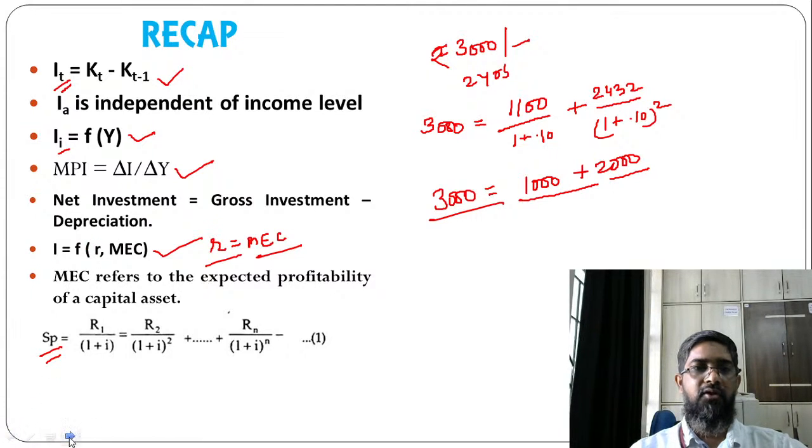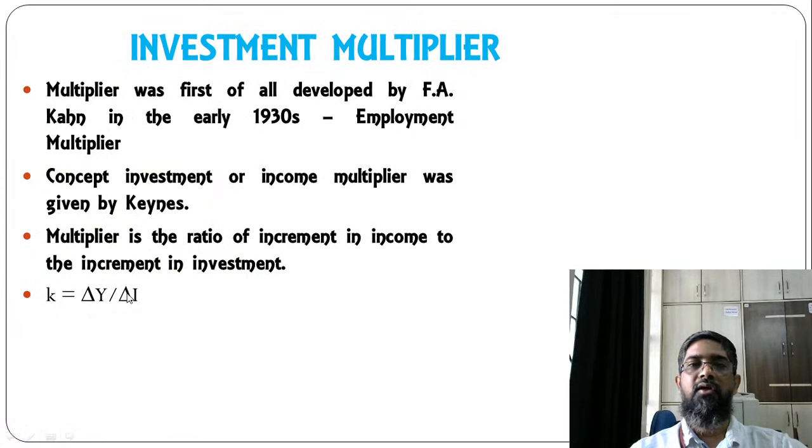Okay. So moving on now to the concept of investment multiplier. I want your attention here, students. This concept of multiplier, simply this word multiplier, was given by F.A. Kahn, K-A-H-N, not Khan, okay, F.A. Kahn.